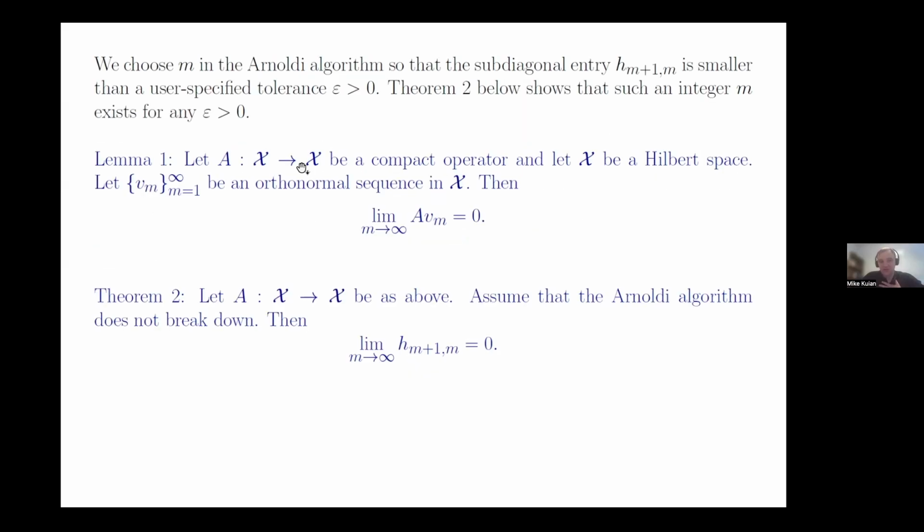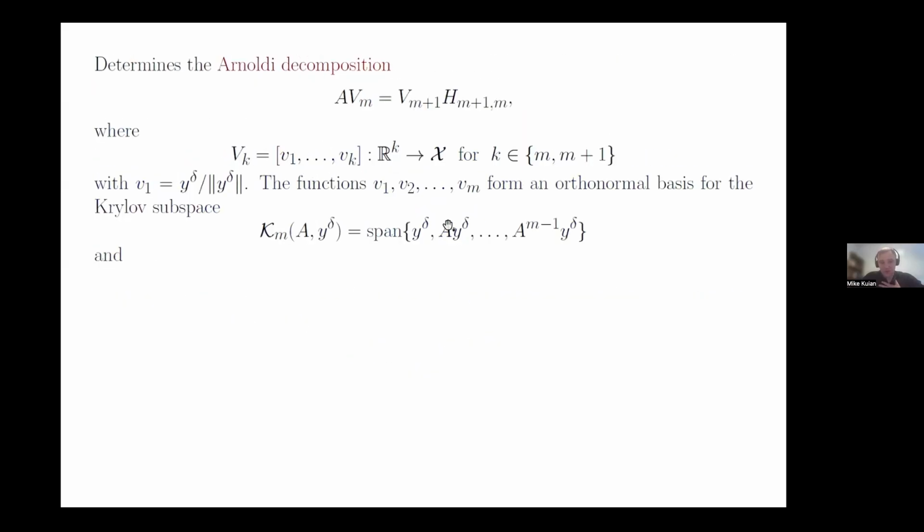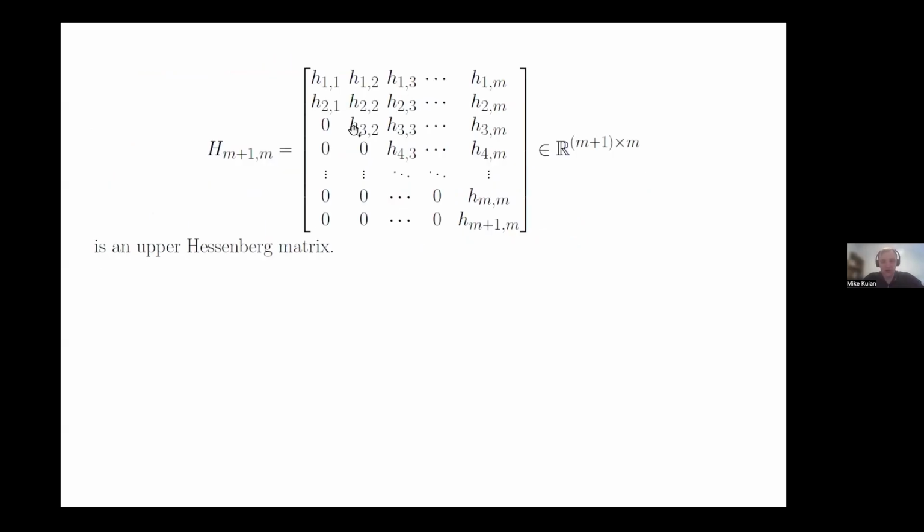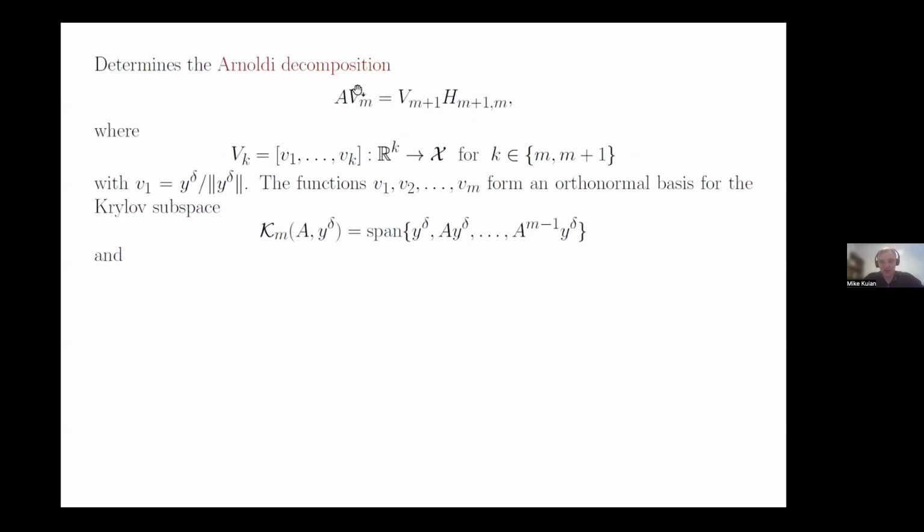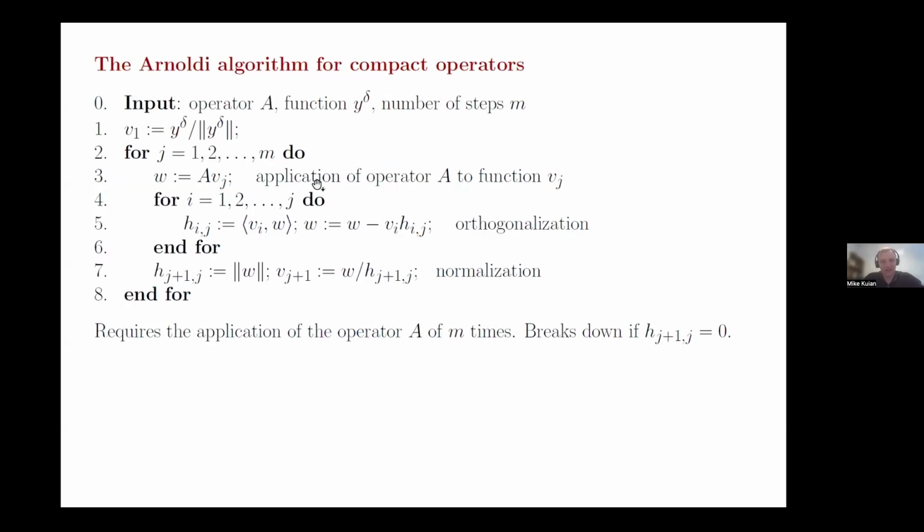We'll get infinitely many vectors and infinitely many coefficients. If A is just a finitely dimensional operator, of course, the Arnoldi algorithm is guaranteed to stop. The number of steps cannot be larger than the dimension of the operator. But what if operator A is infinitely dimensional?